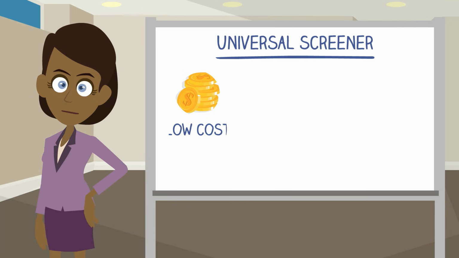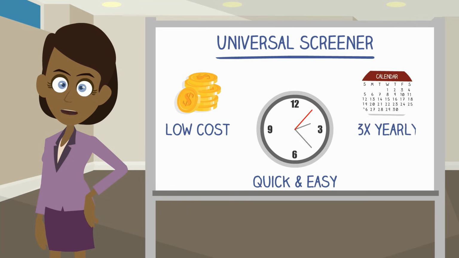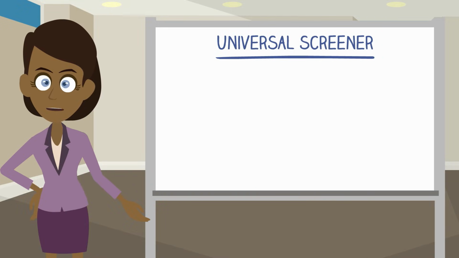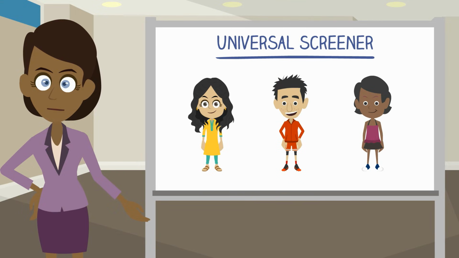Screeners are often low cost, quick and easy to administer and score, repeatable, and administered to all students at least three times per academic calendar year. They also provide identification of students who may need additional diagnostic assessment or intervention. They should be reliable and valid, that is, the assessment should have undergone psychometric analyses.